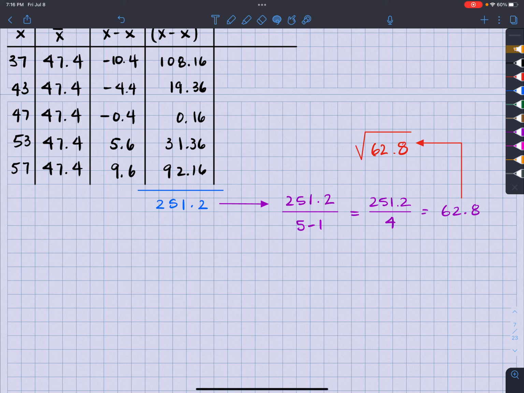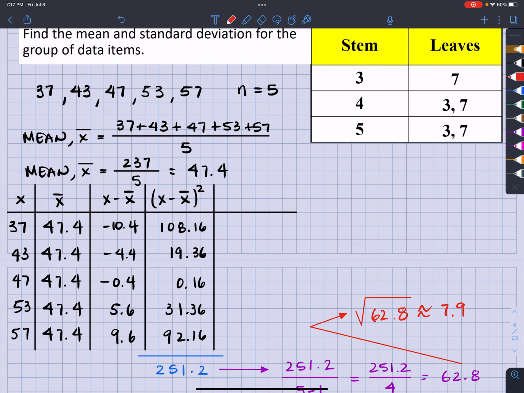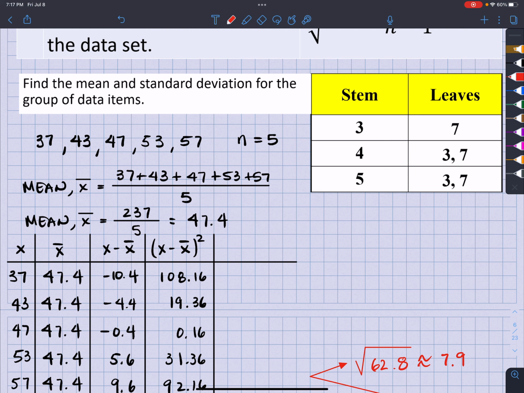When I take the square root of that, I get approximately 7.9. And that, ladies and gentlemen, would be my so-called standard deviation.